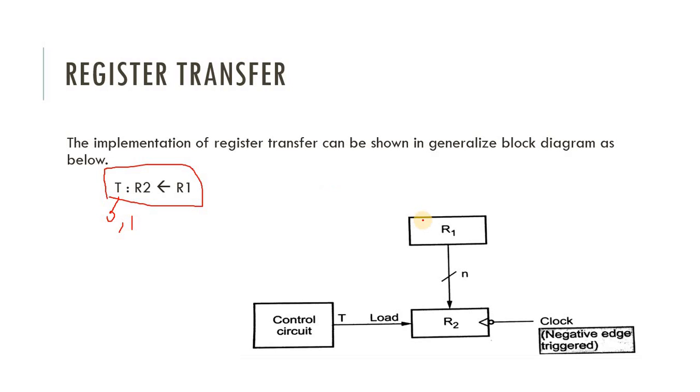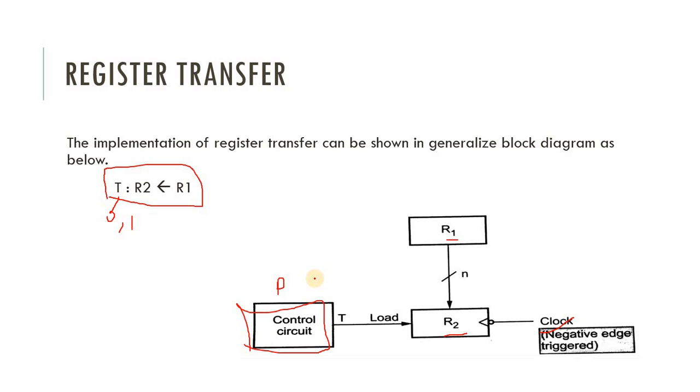So now we'll represent each register. We are using the first way to represent the register. So we draw one rectangular block and write the name of the register. So this is R1 and R2. This is a control circuit, which is a control function. We can represent it with P or T also. Now we have given the clock pulse to it. You all know what a clock pulse is.